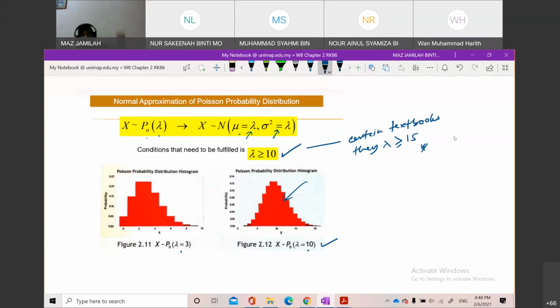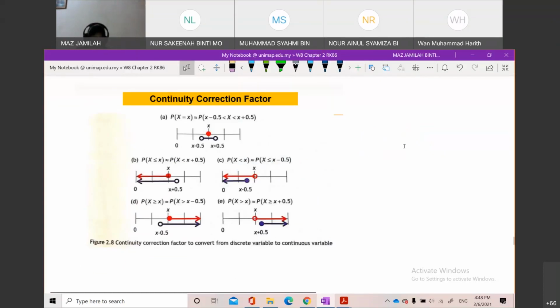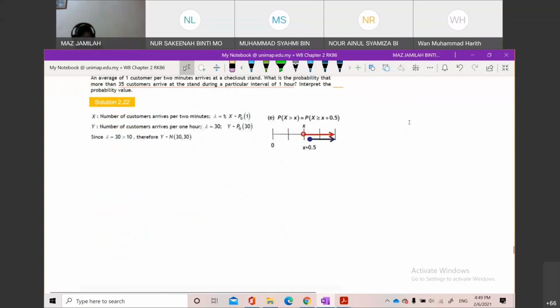So that's why when lambda is greater than or equal to 10, we can do the approximation. Always the same because we are going from discrete to continuous, so the continuity correction factor will again be applied when you solve the problem.